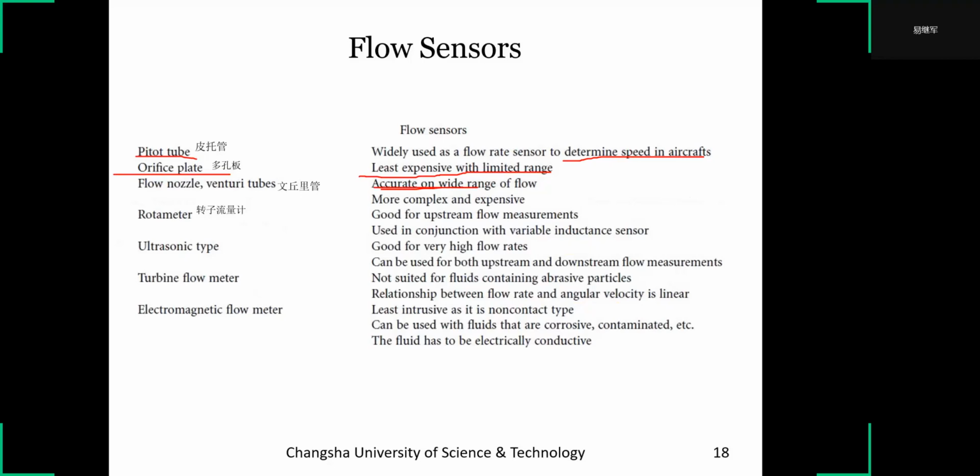Rotameter, good for upstream flow, used in conjunction with a variable inductance sensor. Ultrasonic type is good for very high flow rates and can be used for both upstream and downstream.